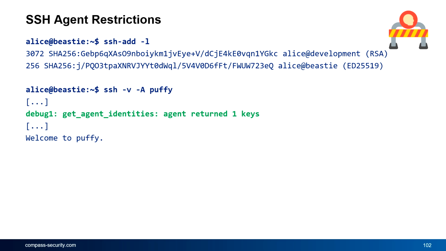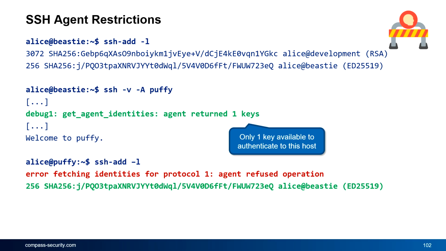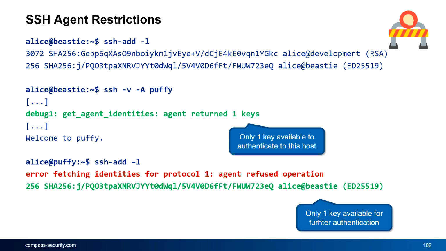Now, in this case, we also enabled agent forwarding. This means on the remote Puffy host, our agent is also available. But because of this agent restriction we configured, we can only see and use the key that is valid on this system, and the other key is not possible to use. So this shows how the agent restrictions work.